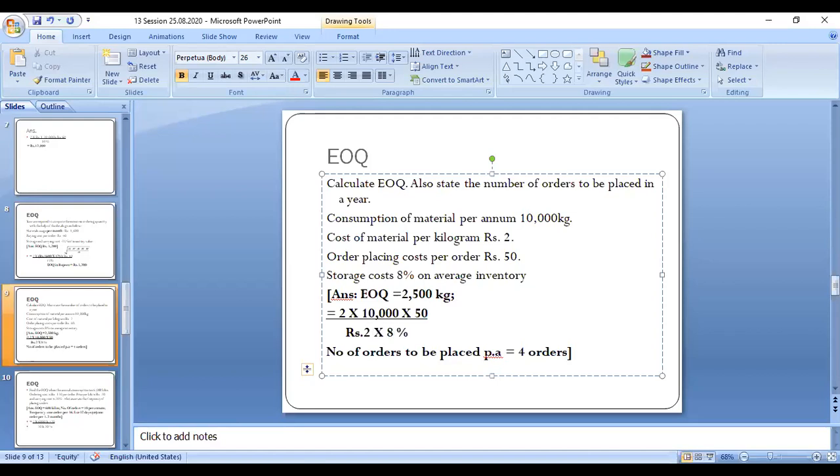So for this formula you take 10,000 kgs, and rupees 50 is the cost of placing and receiving one order.